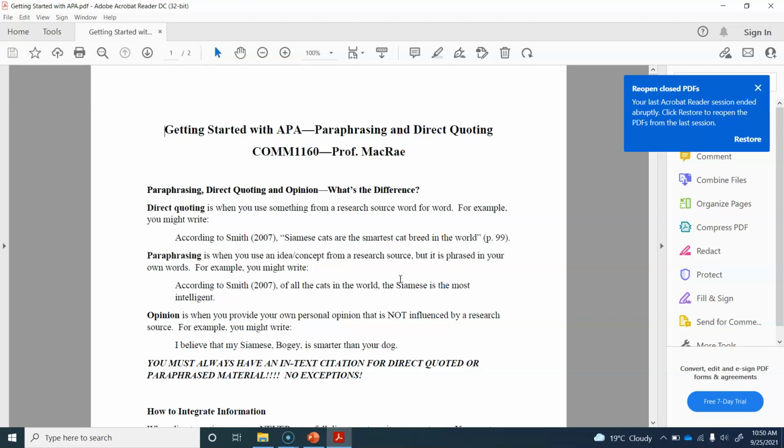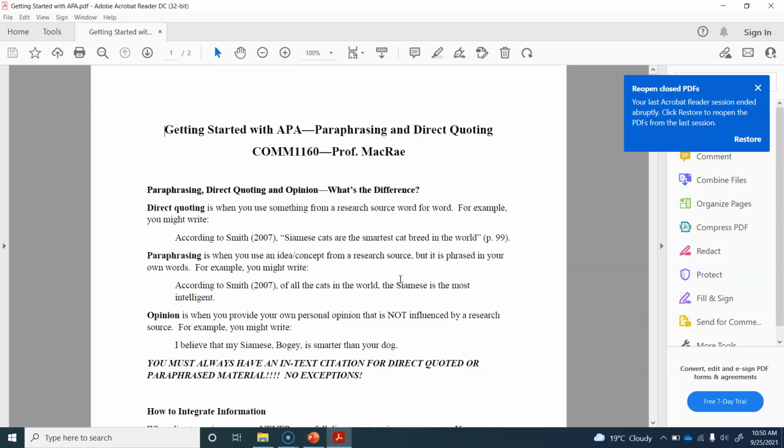Generally, when you're asked to write, you're going to be conducting research. You're going to be gathering information about a topic or an idea from other people, and you're going to be putting it together using either direct quotations or paraphrasing. So each time that you use a direct quotation or you paraphrase, you must have an in-text citation.